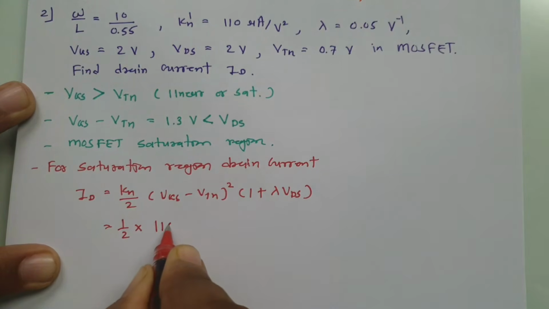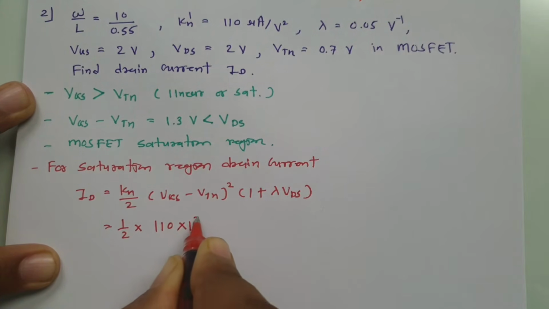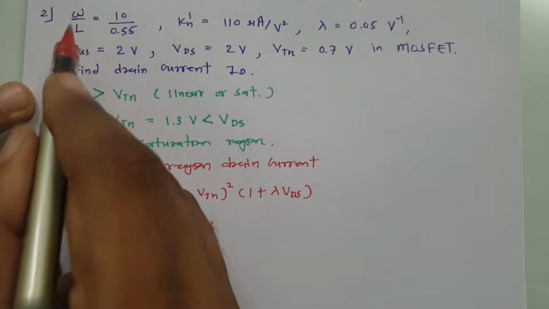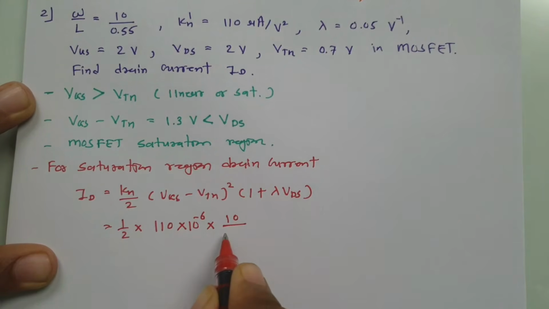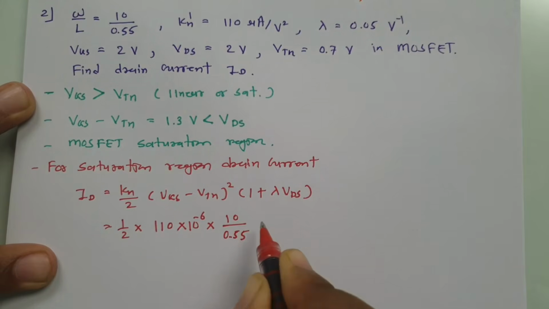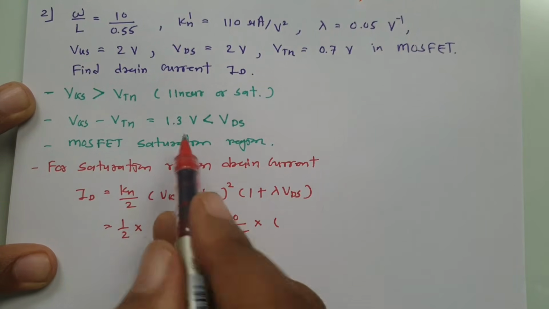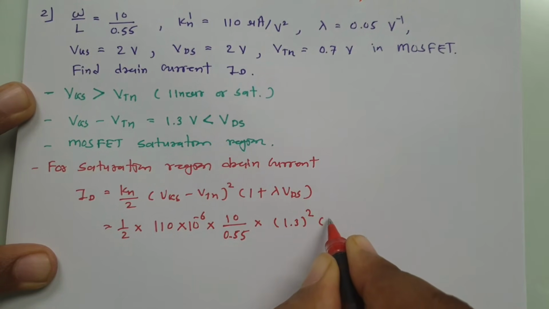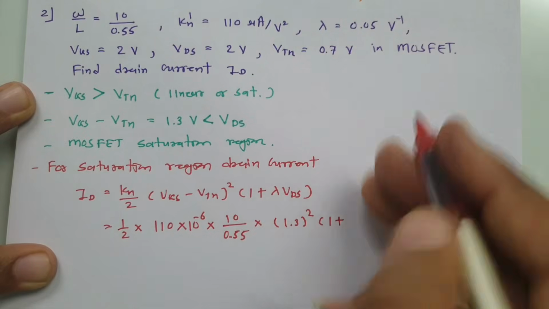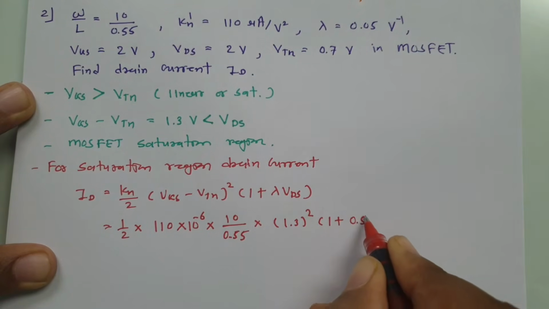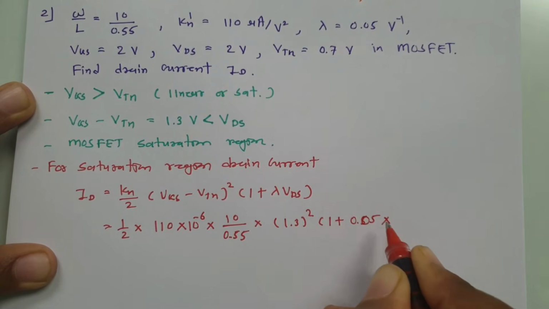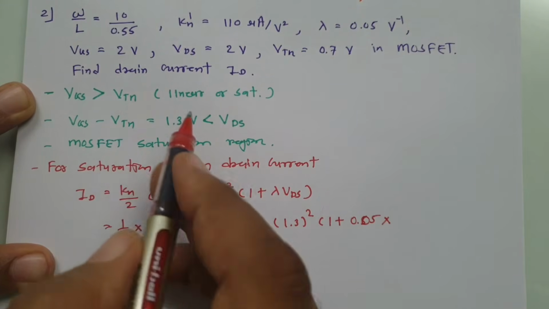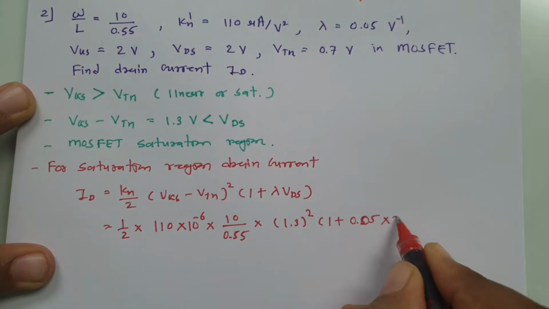So K dash N is 110 micro, meaning 10 to the power minus 6, into W by L, that is 10 divided by 0.55, and into VGS minus VTN, that is 1.3, whole square, into 1 plus lambda, which is 0.05, into VDS, that is 2 volts.